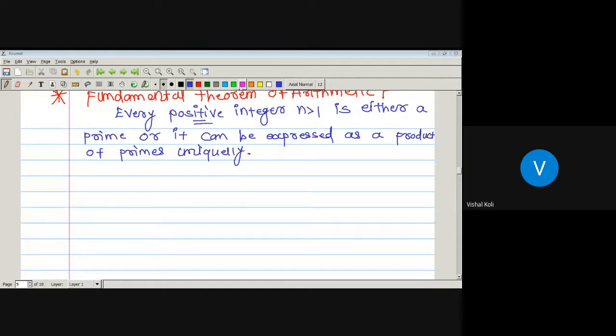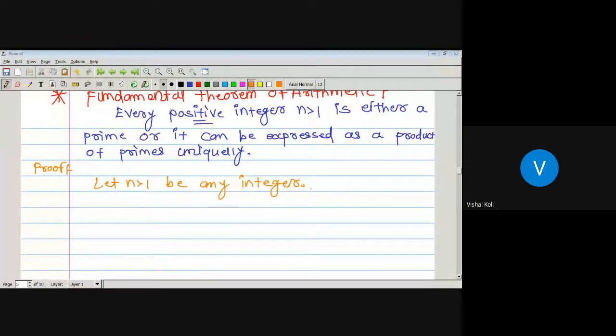See the proof. Let n be any integer greater than 1. As we have taken n to be an integer greater than 1, there are two possibilities for this n.